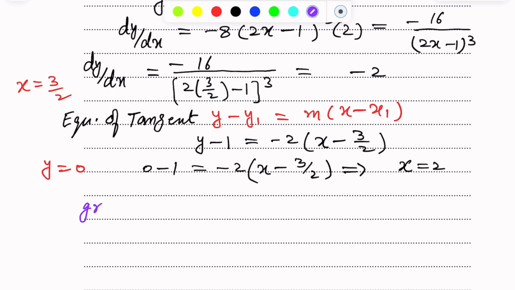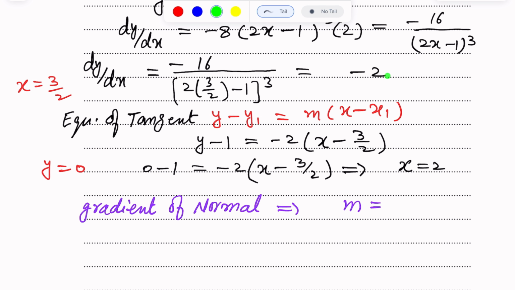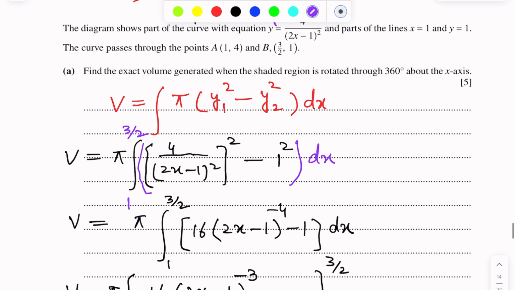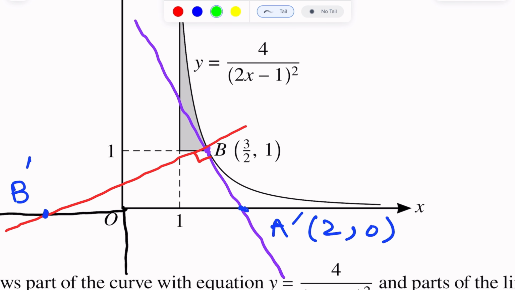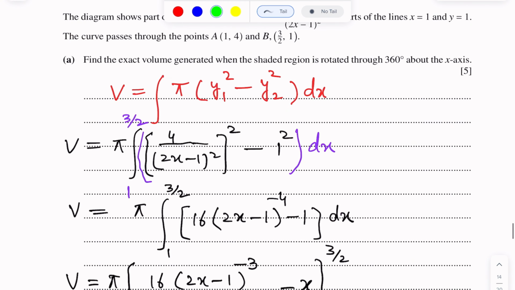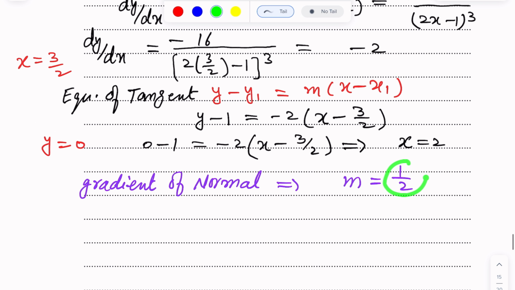So m is equal to the negative reciprocal of negative 2, that will be equal to 1 over 2. The point is the same for tangent and normal. The same point will be used for tangent and normal. The point is 3 over 2, 1 and the gradient for normal is 1 over 2.